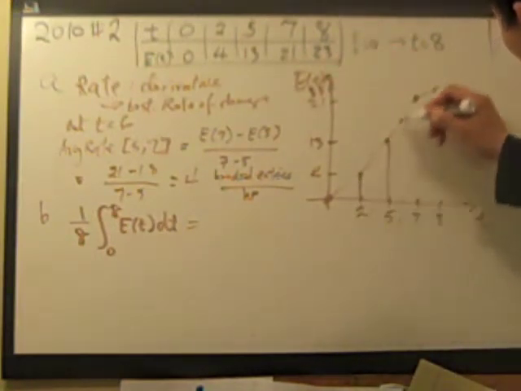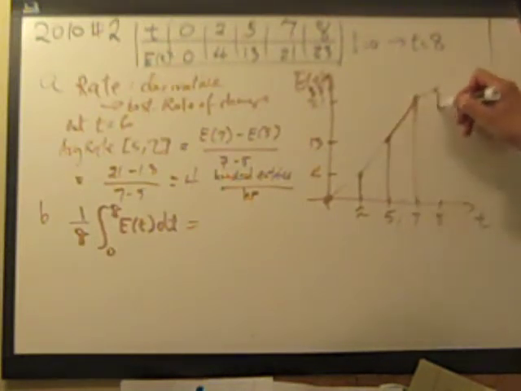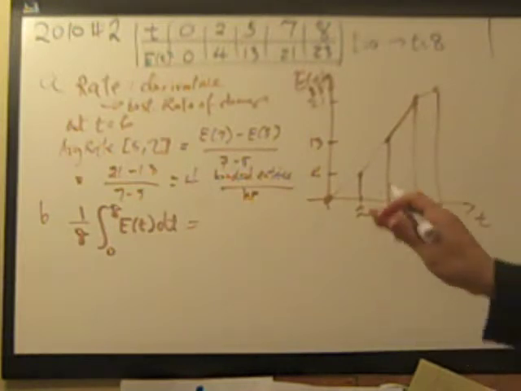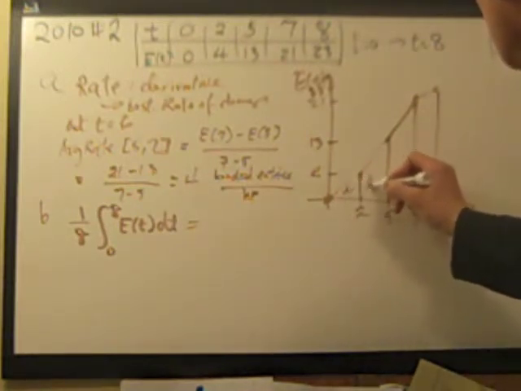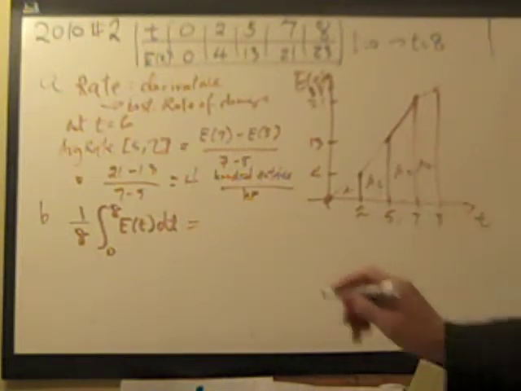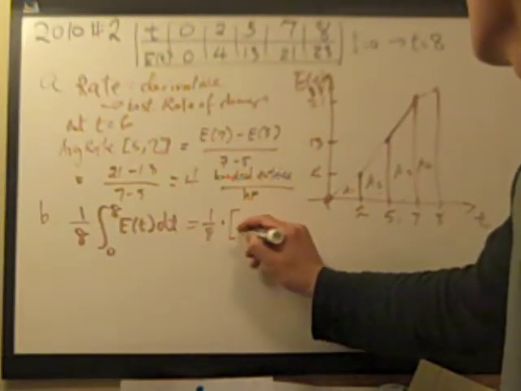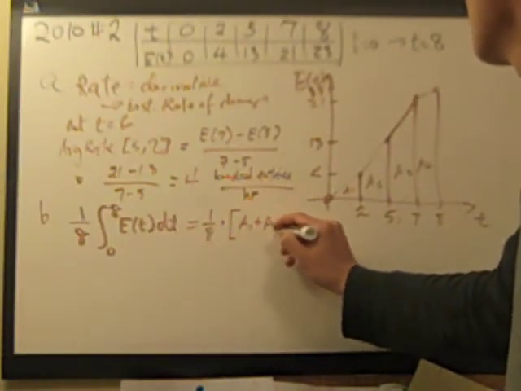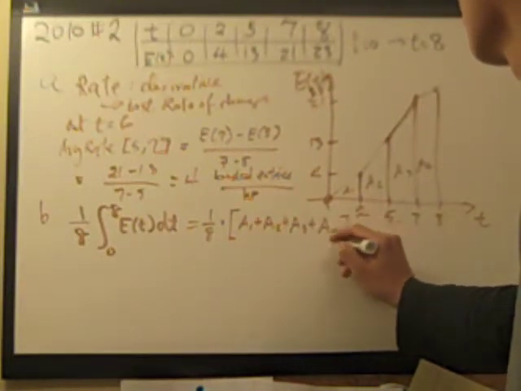We want to use these values, and these are the areas that we need to look for: A1, A2, A3, A4, right? So it's equal to 1/8 times A1 plus A2 plus A3 plus A4.